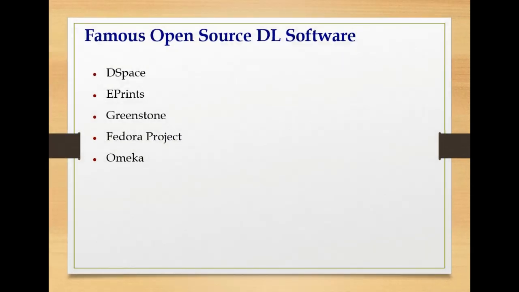Some of the famous open source digital library, or institutional repository, software are DSpace, ePrints, Greenstone, Fedora, and Omeka. These are very popular and internationally accepted by most libraries, the corporate sector, universities, colleges, institutions, and private organizations in order to organize their documents.